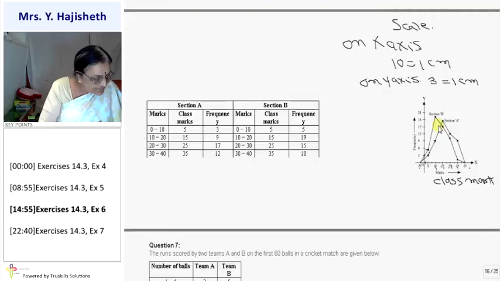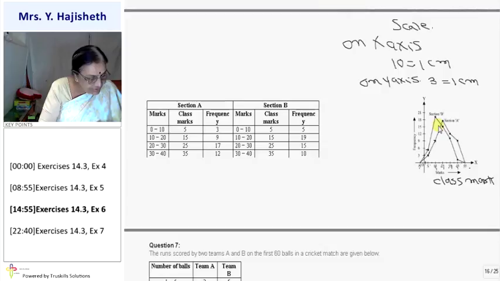Look, in the first section the maximum number of students are getting marks from 20 to 30, while in the second section the maximum students are getting marks between 10 to 20. So as far as maximum marks are concerned, the first section is better. Now in the first section, 29 and 9, 38 students are getting marks more than 20.